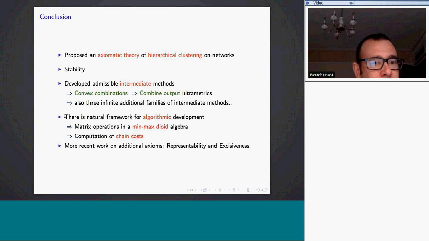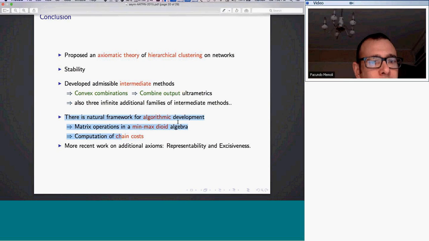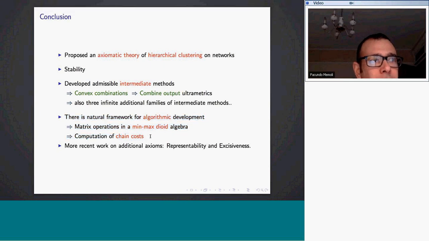Something that to study is the way you could try to implement these methods. There are some nice underlying say for all these methods.